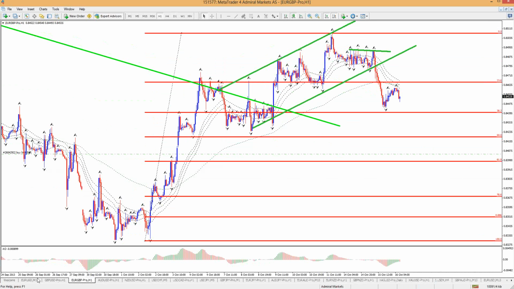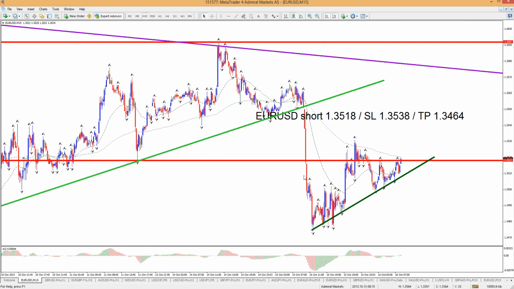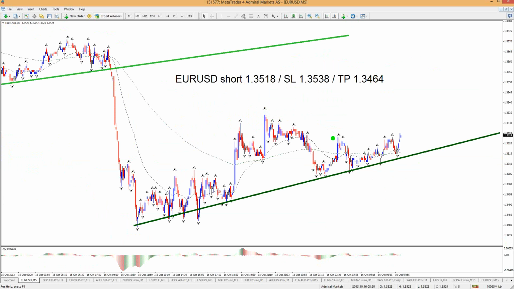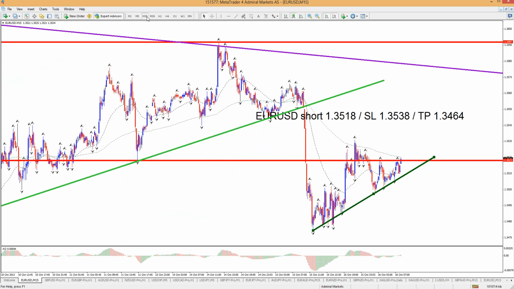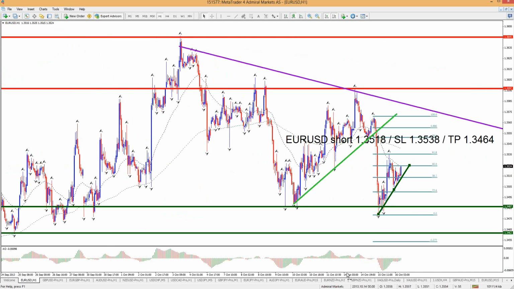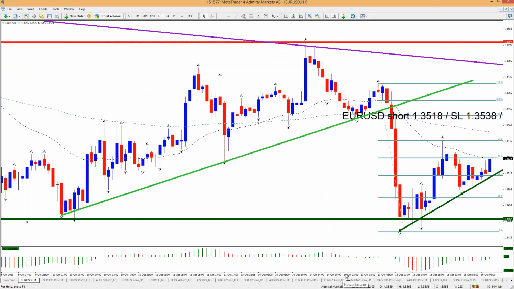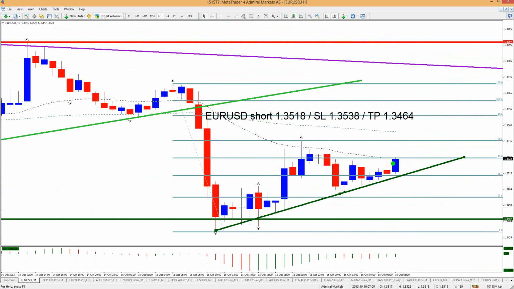So the euro dollar doesn't look too good. It indeed pushed through this top, as I was thinking it could happen. I wasn't hoping for that, but it did seem like this. The funny thing is that if you look at the hourly candle, it's a pretty nice bearish candle there, in fact. So kind of funny.